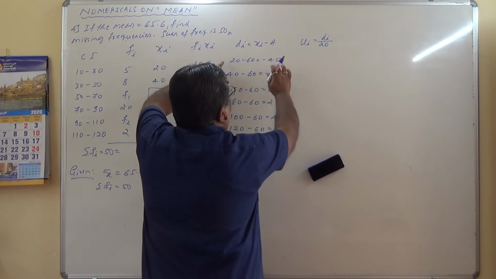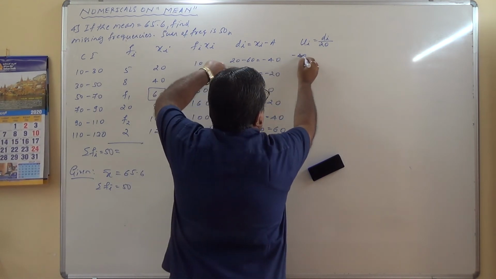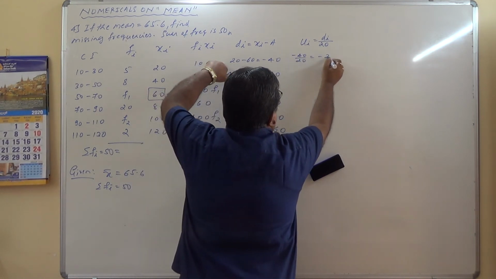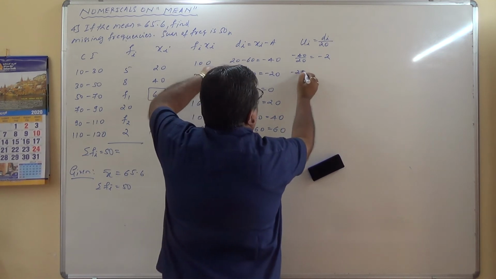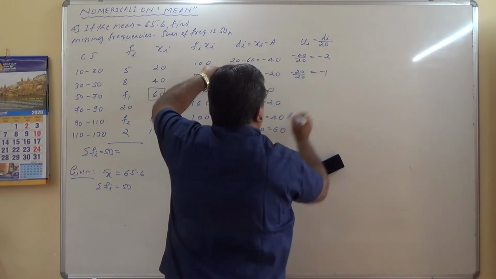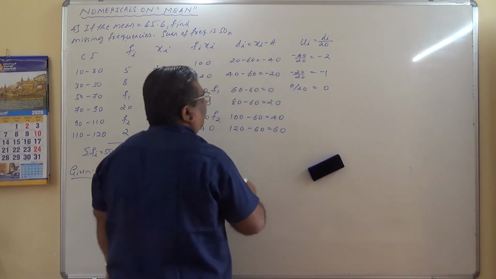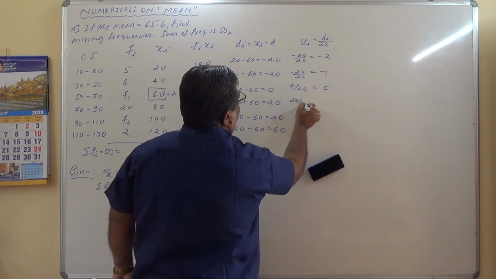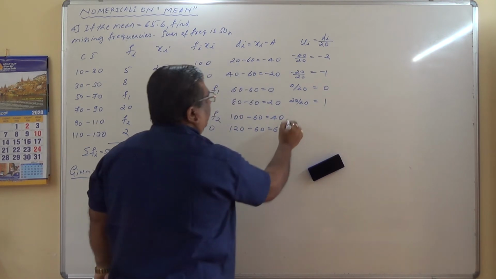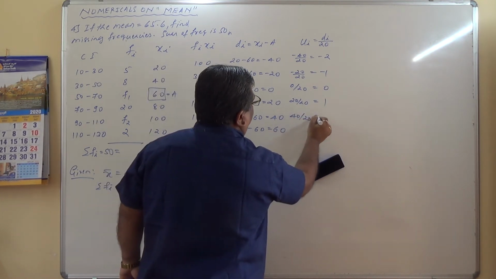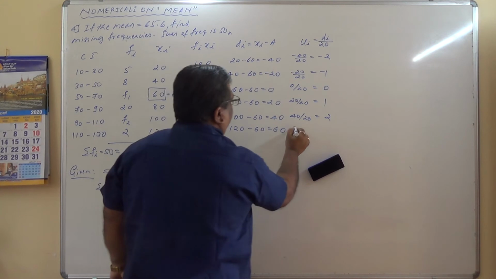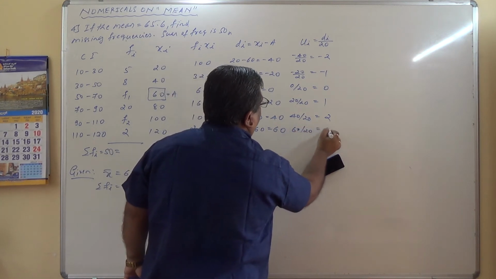So minus 40 by 20 is minus 2, minus 20 by 20 is minus 1, 0 by 20 is 0, 20 by 20 is 1, 40 by 20 is 2, and 60 by 20 is 3.